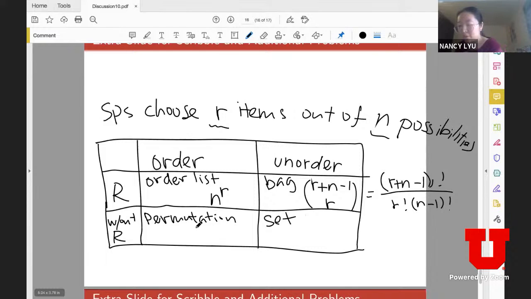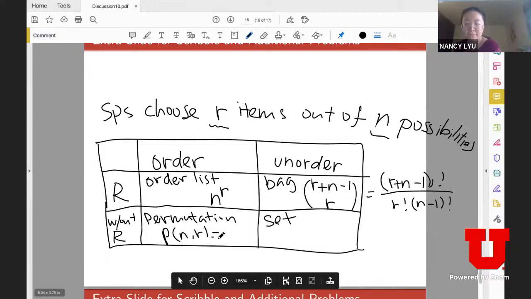And what about the formula for permutation? Would that just be P of N, R? If you write that out, that's N factorial over N minus R factorial.